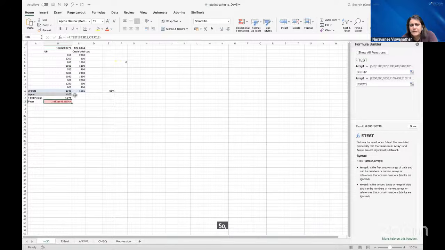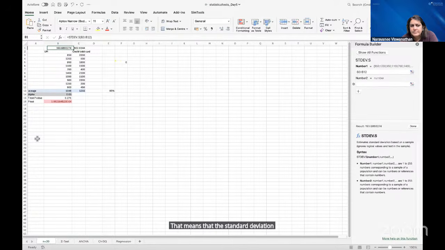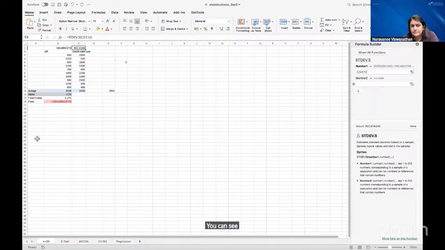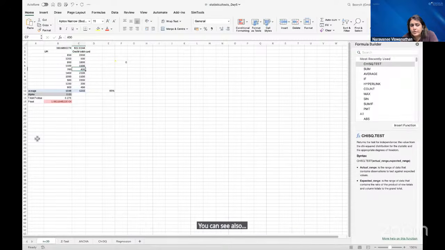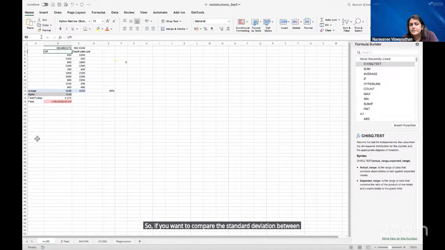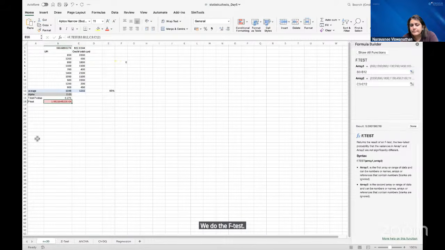So what does that mean? This is less than this alpha, correct? That means that the standard deviation for these numbers is very, very different. You can see also. So if you want to compare the standard deviation between two numbers, we do the F test. Is it clear, everyone?